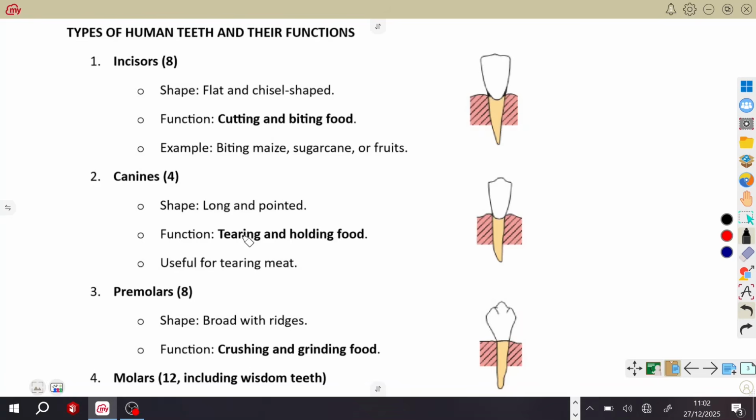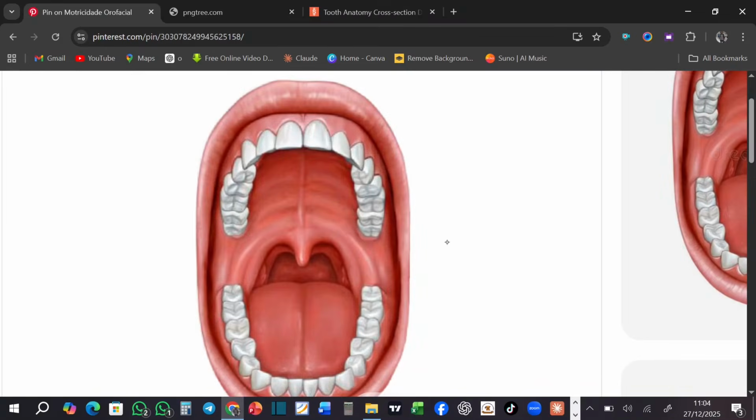It's unfortunate that I didn't actually bring the image there. Maybe next time I can bring it, or let me just search. We have the 4 here, 1 2 3 4 on the front here. These are incisors. Then these are canines. Then we have premolars, then molars.